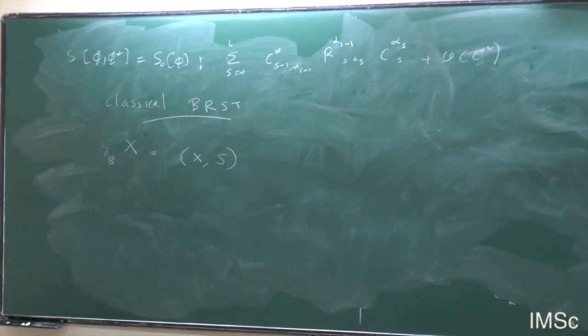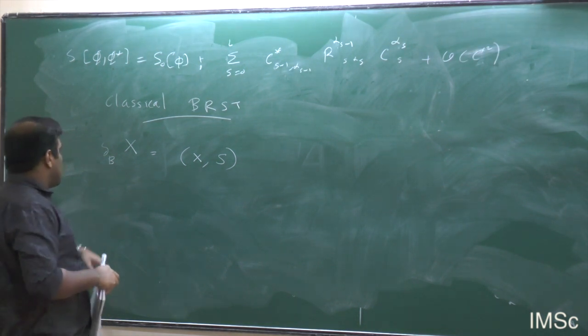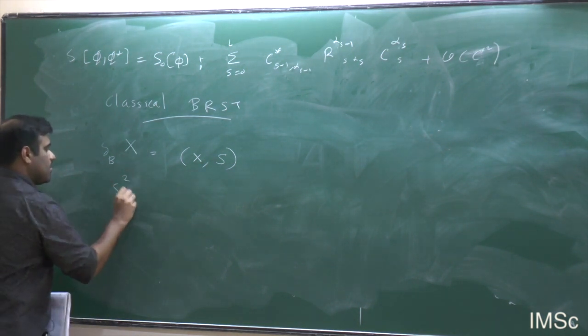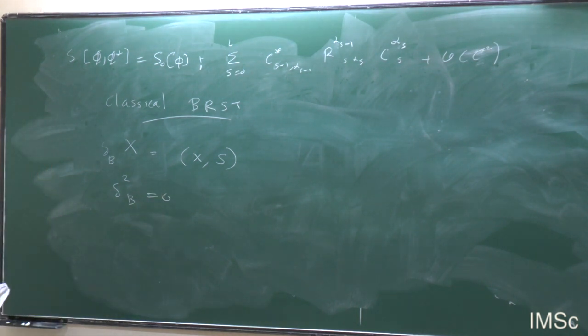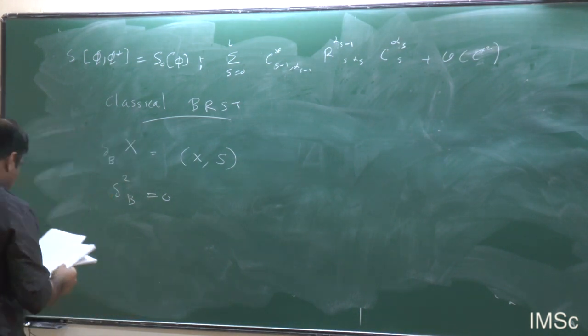This gives you a BRST transformation. Why do I call this a BRST transformation? It's an important operator, and you can derive this using the BV equation.